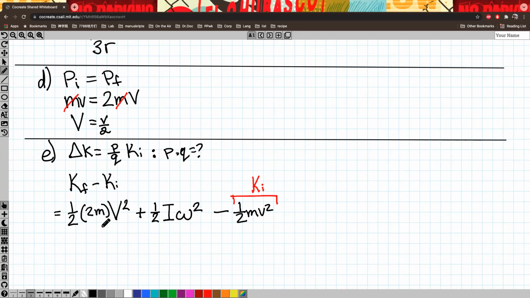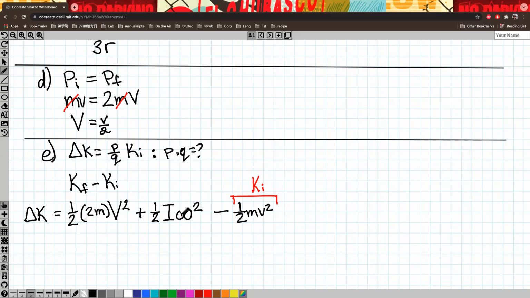Okay, we're gonna have to write delta K. So this whole thing is delta K. We're gonna have to write that in the form P over Q times Ki. So right now we have something minus Ki, but we want to write it as Ki times something. Right.